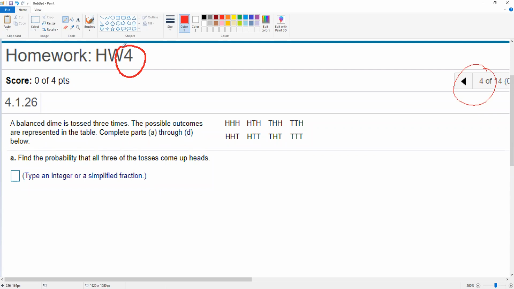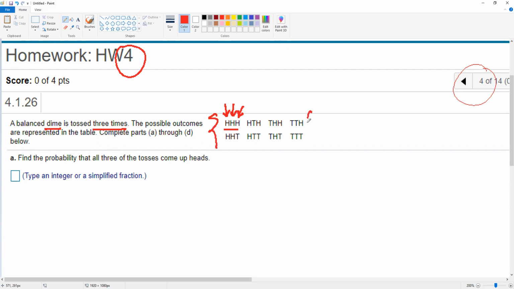Basically, in homework number 4 and 5, we discuss probability. So in this question, we tossed a dime 3 times. So we have 3 outcomes. The very first one, we have a head for the first one, and head again for the second one, and even the last one would be head again, right?